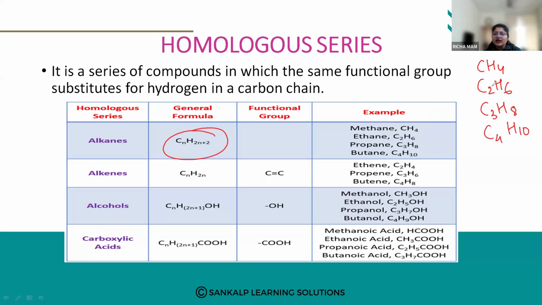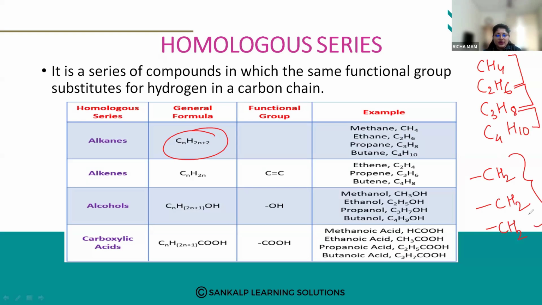Now, between C2H6 and CH4, what is the difference? There is a difference of one carbon and two hydrogens. Again, between C2H6 and C3H8, what is the difference? Again, it is a difference of CH2. Again, see the difference between C4H10 and C3H8. Again, there is a difference of CH2.